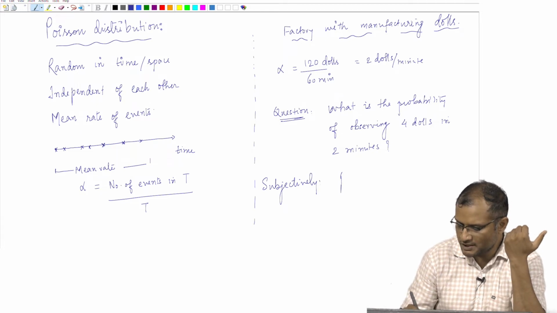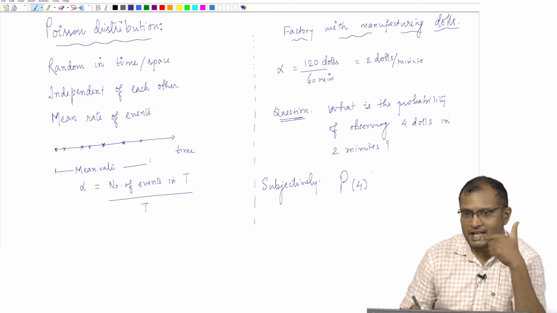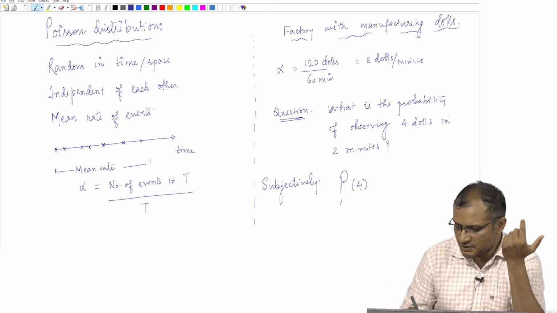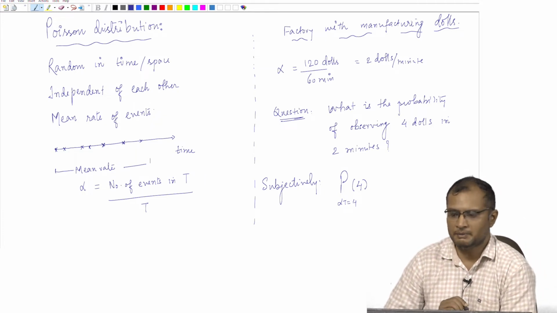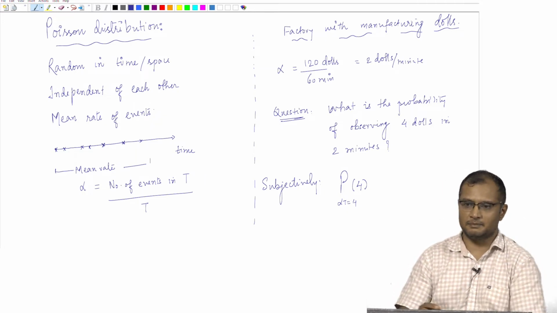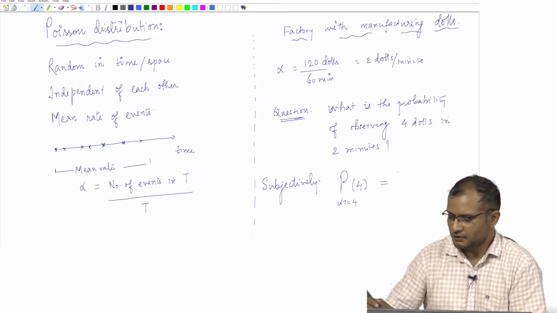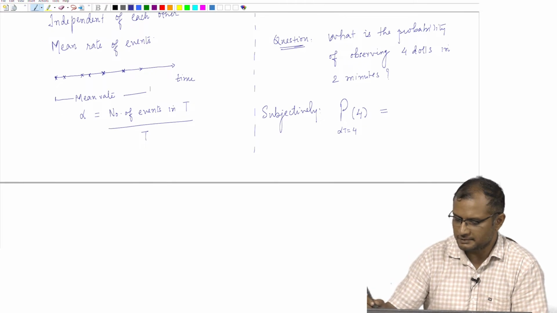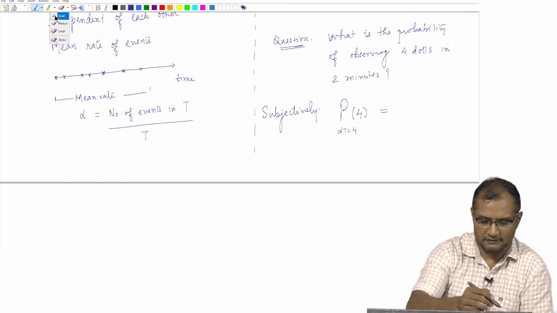which is basically saying what is the probability of seeing 4 dolls when the average number of dolls is actually 4. You may be tempted to say that this is 100%, but it will not come out to be 100%. So, if you recall your formulas, let me write down the formula first.